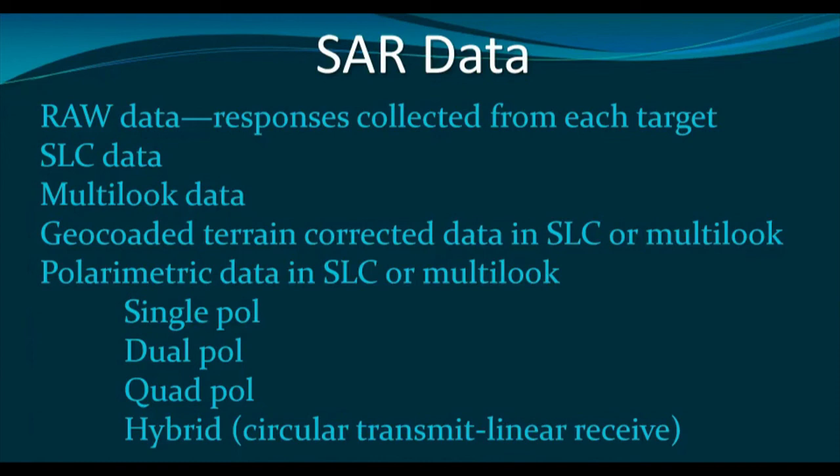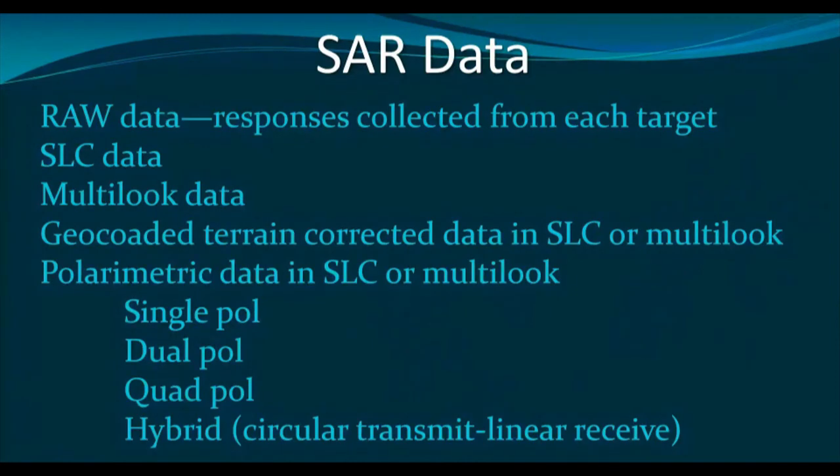Okay, so see, in hybrid polarization, how many combinations we may have? We may have only two combinations: right circular send, horizontal receive, right circular send, vertical receive. So we will not have four different quad pole data.